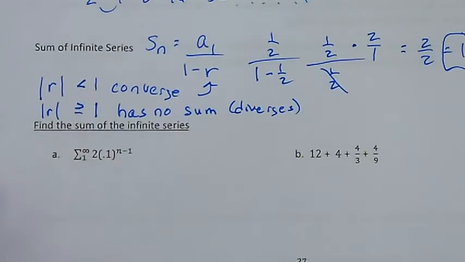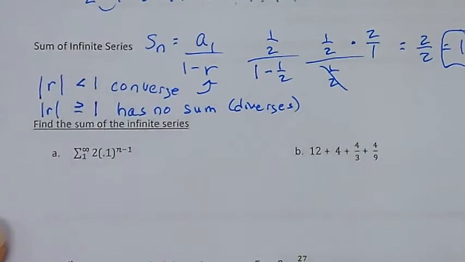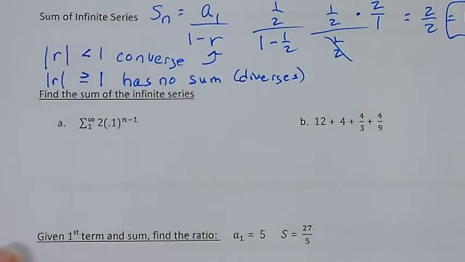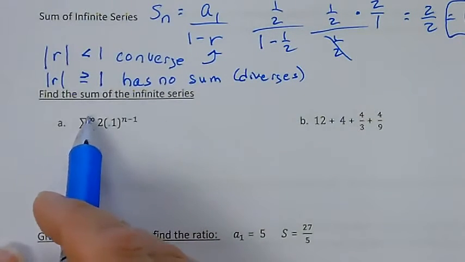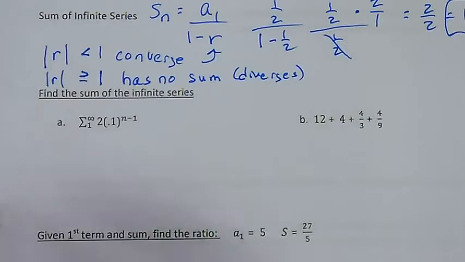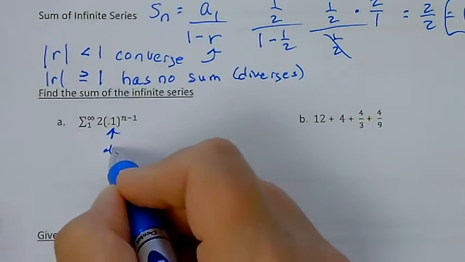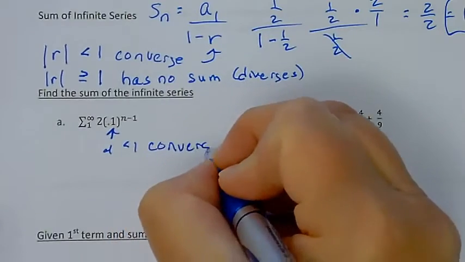If I wanted to find the sum of this infinite series, I would first notice, by the way, you cannot put an infinity sign in your calculator, so you can't do the sum of an infinite series on your calculator. I know it's infinite because it's going to infinity, and the rate is 0.1. The absolute value of 0.1 is smaller than 1, so I know this one is going to converge.